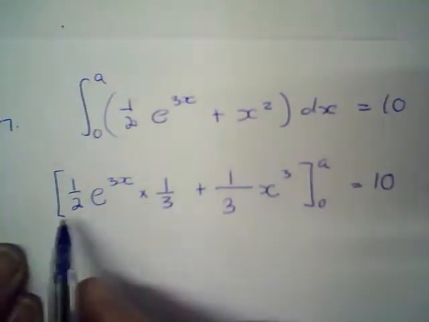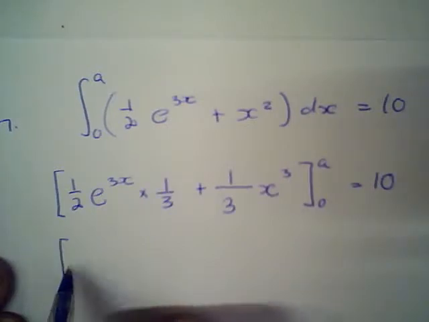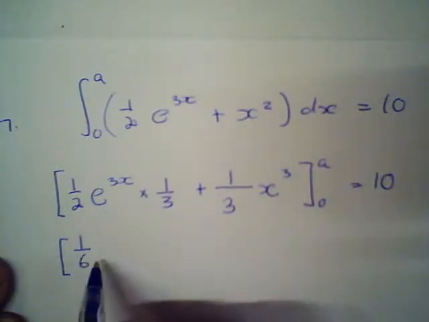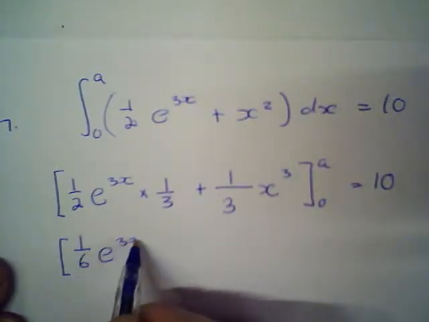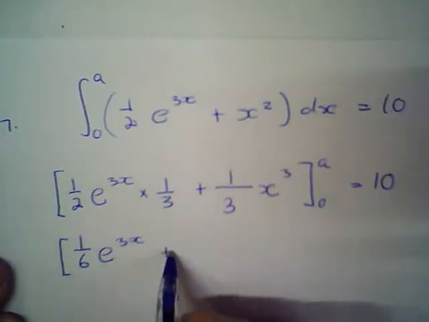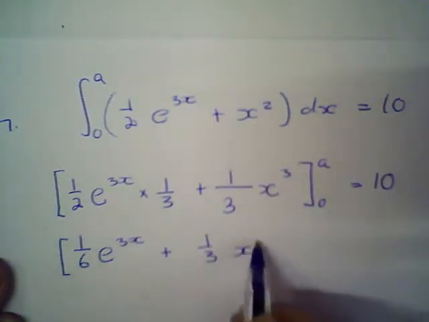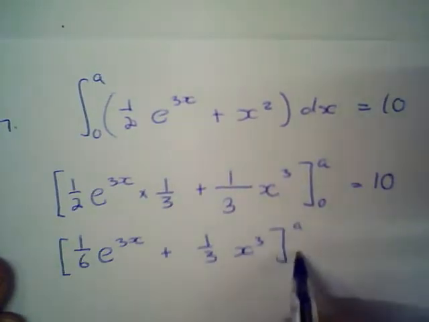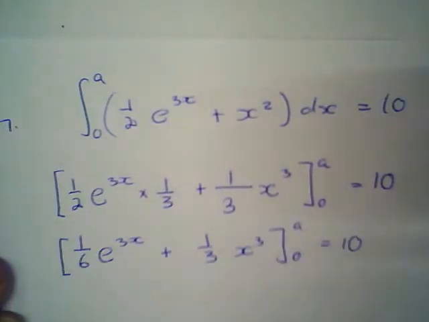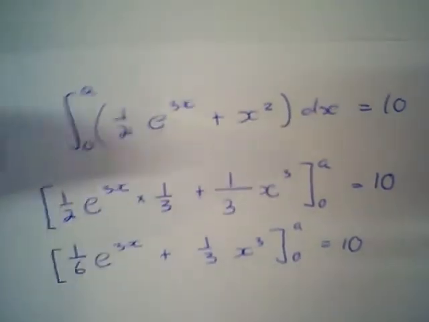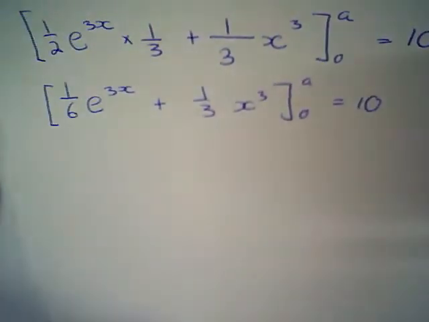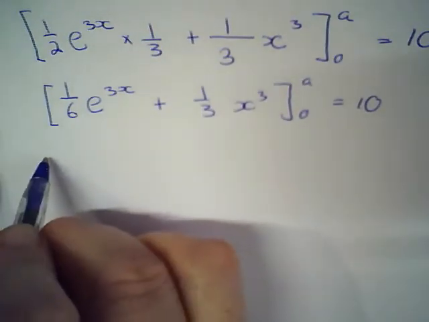Okay, let's neaten this up. That will give us 1/6 e to the power 3x plus 1/3 x cubed, limits a and 0, equals 10. This seems like a mundane little exercise, but it will make our work a little easier in the next step.